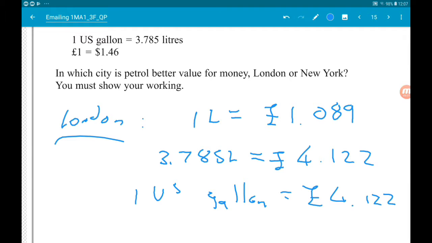Now what we need to do is turn that into dollars. So we know every £1 is $1.46.